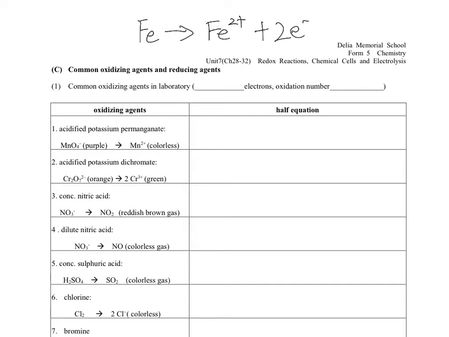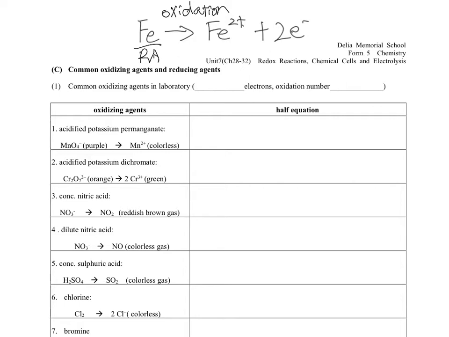In this process, because the iron is oxidized by oxygen and water, oxygen and water will be the oxidizing agent and iron will be the reducing agent, and this process is oxidation. And we can see that in the oxidation, the reducing agent will lose its electron and its oxidation number will increase.